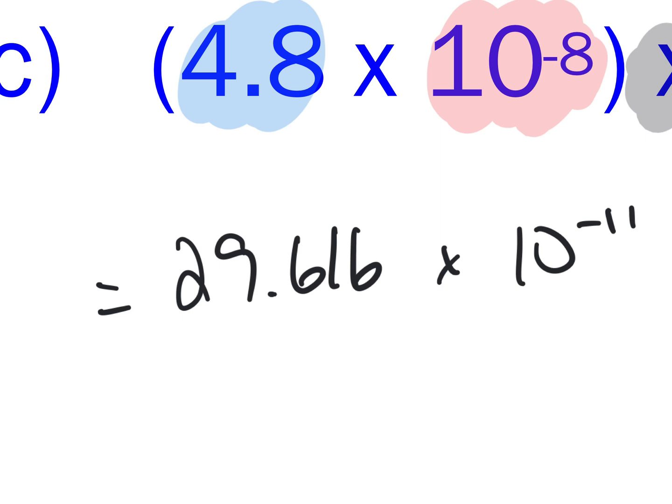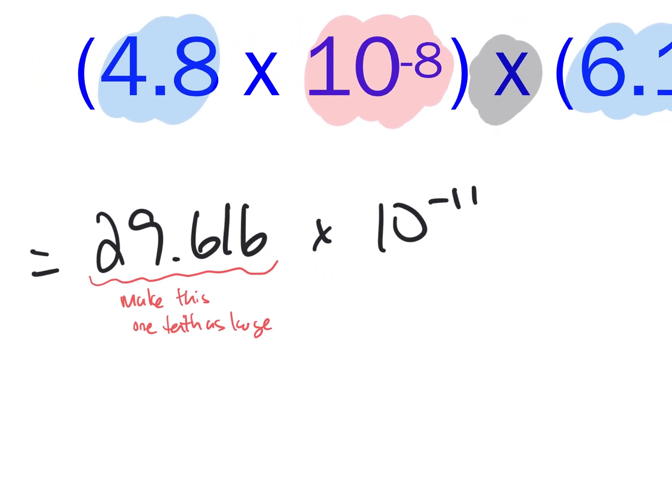So what we have to do is take one extra step and put this in scientific notation. So think of this as a balance. Because what we're going to do is make this 1/10 as large, which is what we just did those examples on.